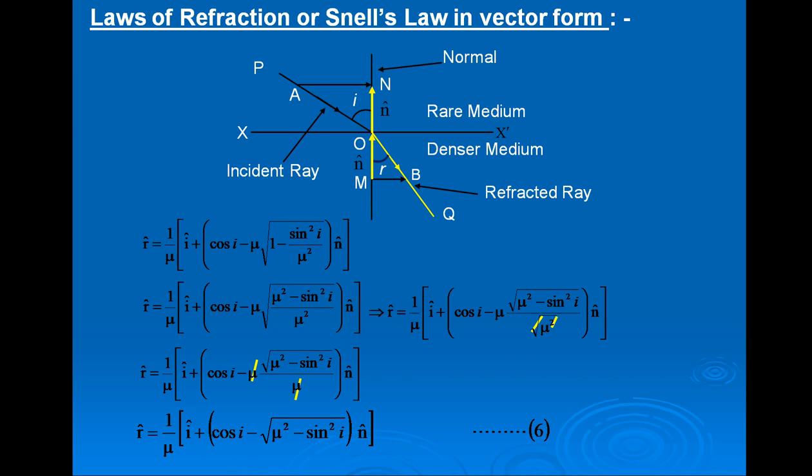We can find the refracted ray of light from this equation if we are given the incident direction and normal direction. So in this vector form, we can find the direction of the refracted ray of light for any given incident ray of light and normal to the surface separating two media.